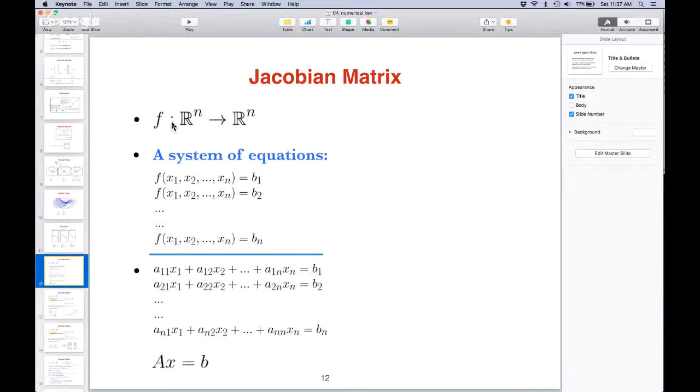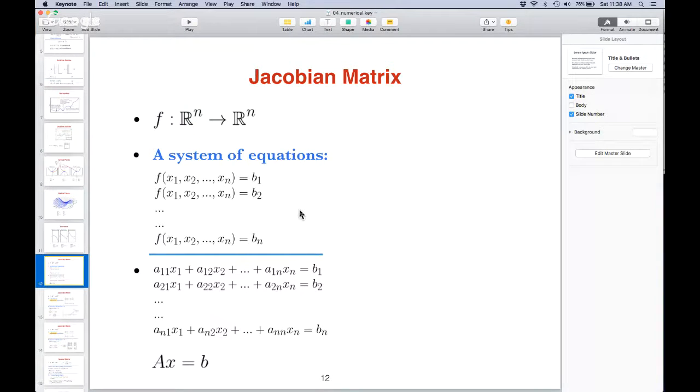Jacobian matrices come into play when you have a system of equations, when your function f takes in an n-dimensional vector, or n many scalars, and spits out another n-dimensional vector. So it basically characterizes a set of simultaneous equations.